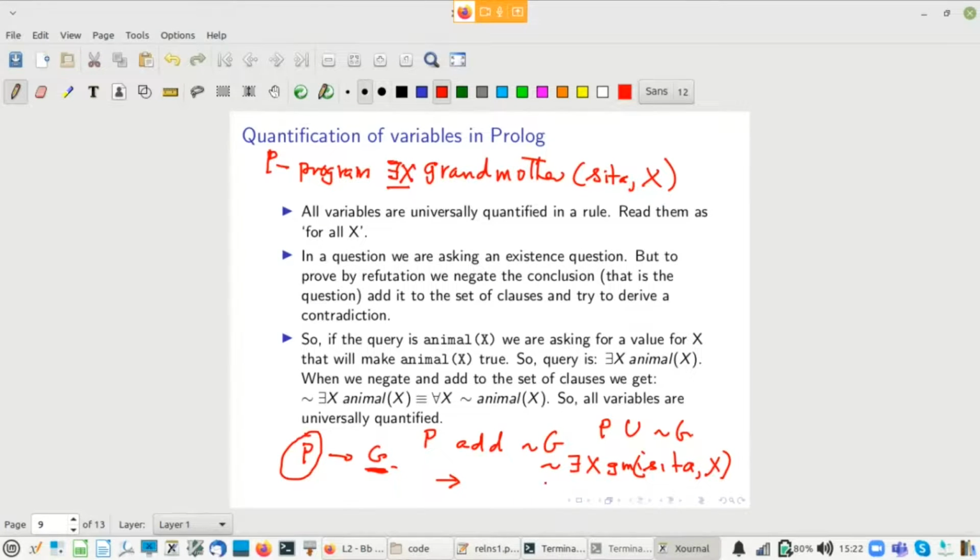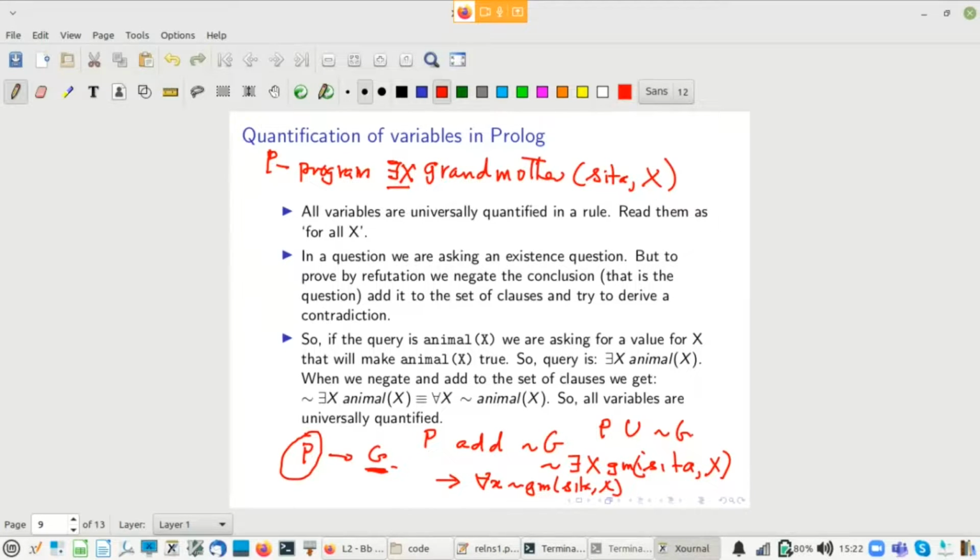Now those of you who have done logic, you know that you can convert this to for all X, not of grandmother Sita X. So it's saying find me all the bindings for X such that for all X, it should be the case that Sita is not a grandmother of that. Right?